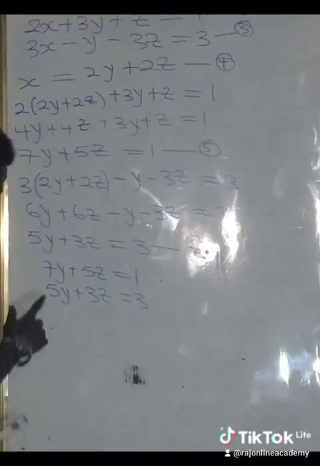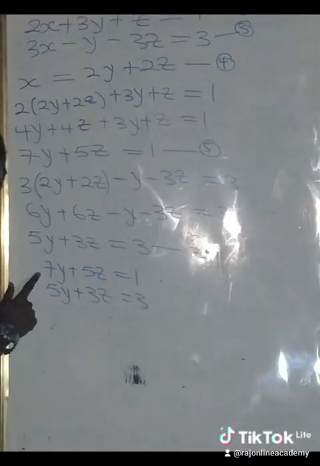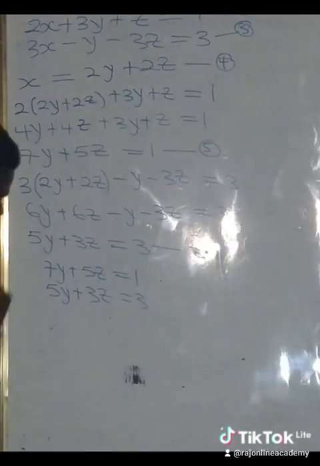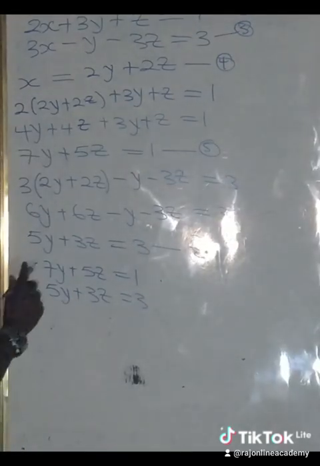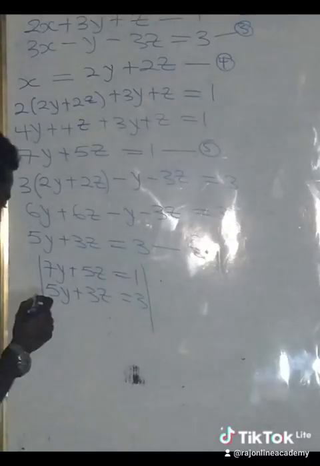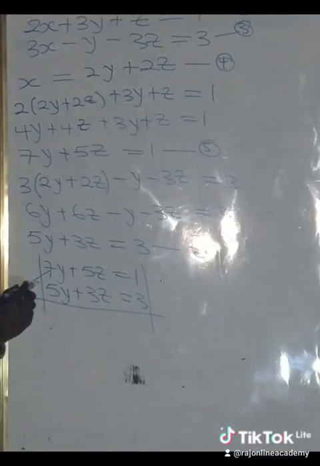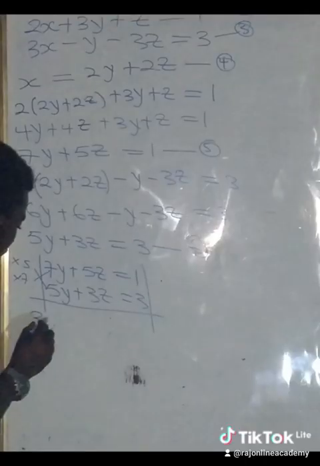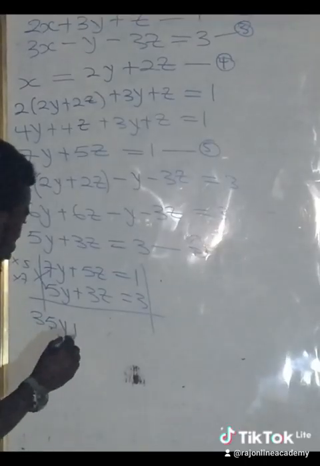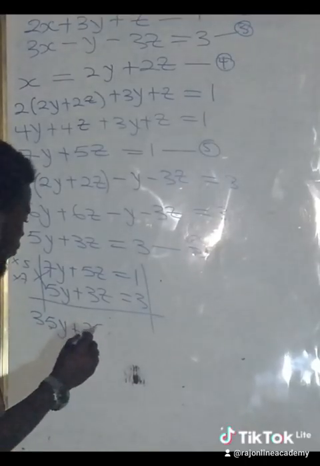But these two are not the same, right? So let's make them the same. Draw your box; here you have 7. Cross multiply here: 5 multiplied by 5, 7 multiplied by 7. Now let's multiply. 5 times 7, what do you have? 35y. You have 35y plus 5 times 5, what is that? 25z.